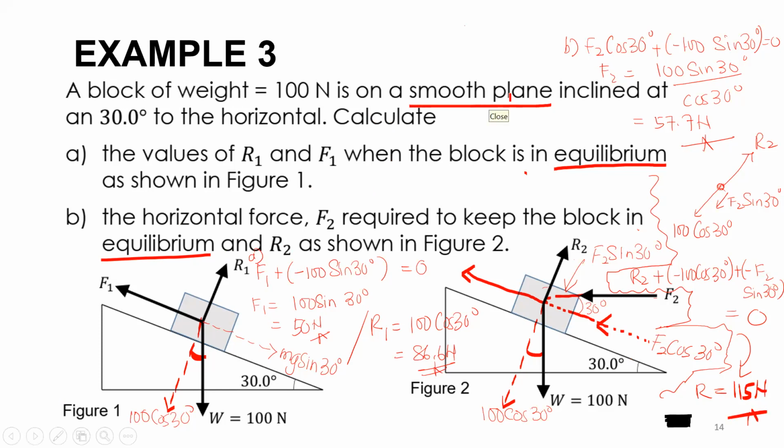Thank you, Tan Hong. So for the first one, your answer should be F1 equals 50.0 Newton and R1 is equivalent to 86.6 Newton.